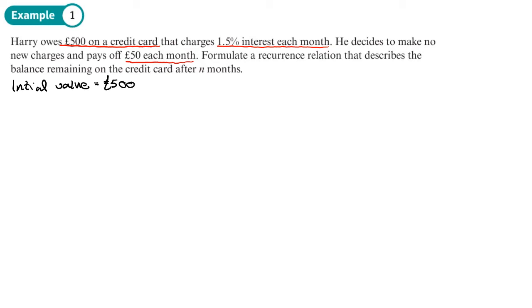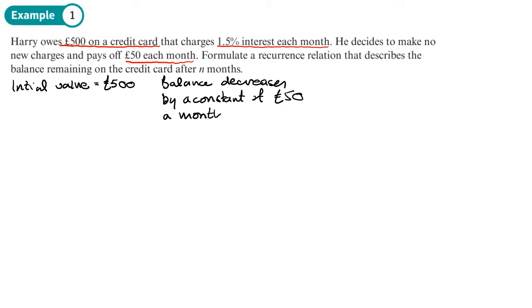Every month the balance is going down by £50. Okay, so we've got this constant. So balance decreases by a constant of £50 a month. Okay, we're using n to stand for the number of months, but there's also something else going on.